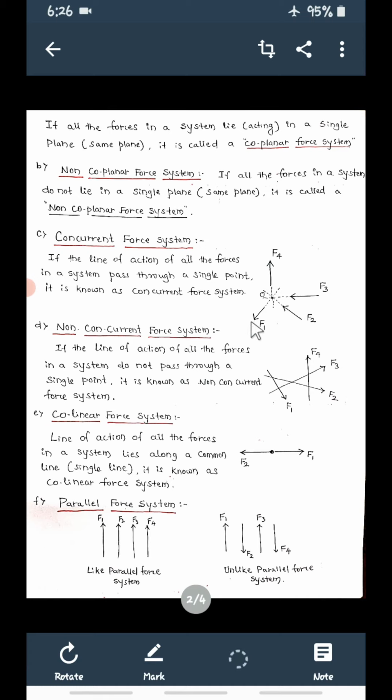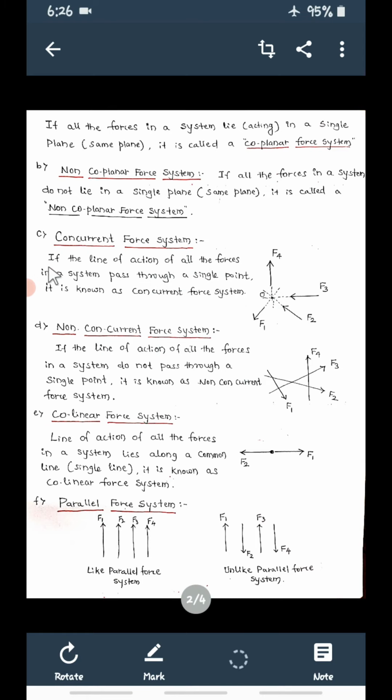So force F1 acts along this line of action, F2 acts along this dotted line, then F3 like this, F4 like this. So there are 4 forces acting at a particular point O.